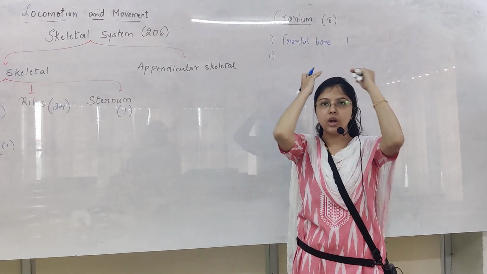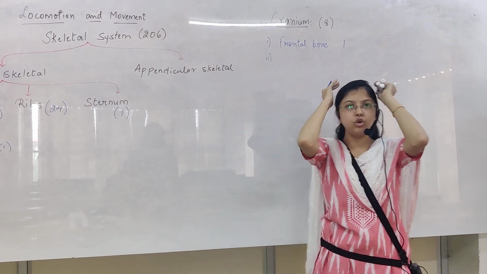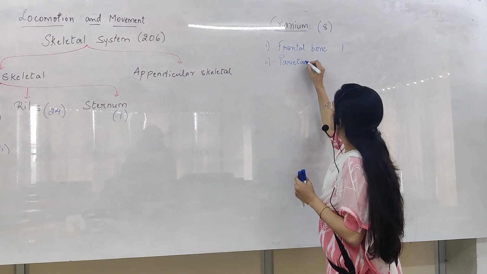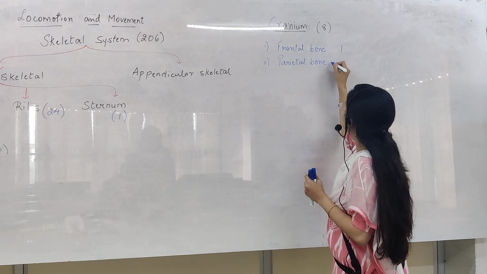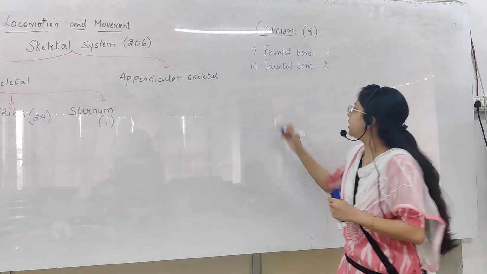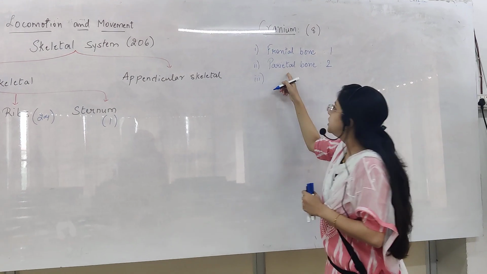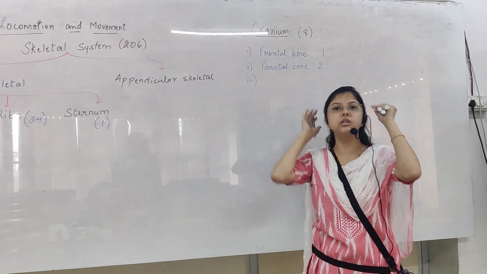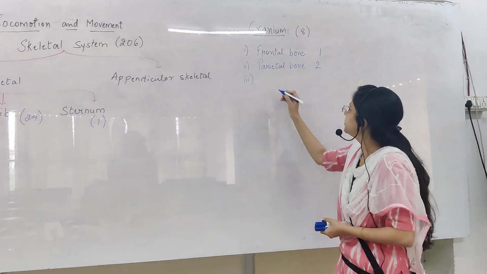Behind the frontal bone is one pair of bones, 2 bones, which is called the parietal bone. Again, they are 2 in number, one on the left side and one on the right side. This parietal bone is larger in size as compared to all other bones and covers the major part of the cranium.